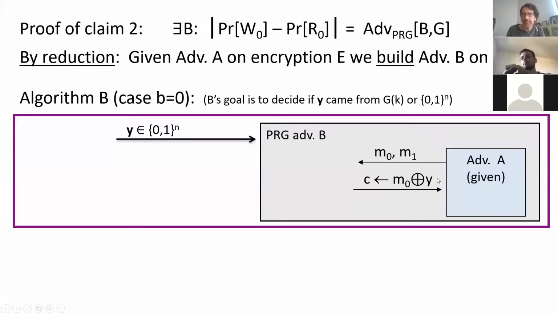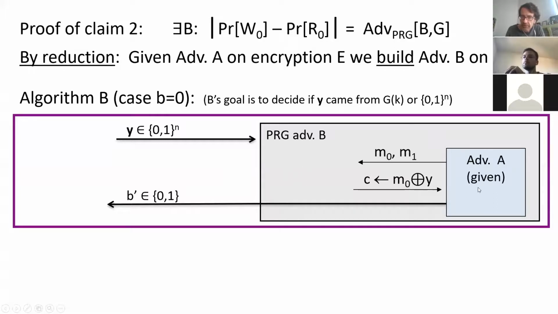And this is this simple reduction, right? Take a string, XOR with M0, and that accomplishes it. And whatever A decides, given this ciphertext, just output it. You have no idea how to evaluate it, but the assumption was that A distinguished strings of the form M0 XOR G(K) and strings of the form M0 XOR R.